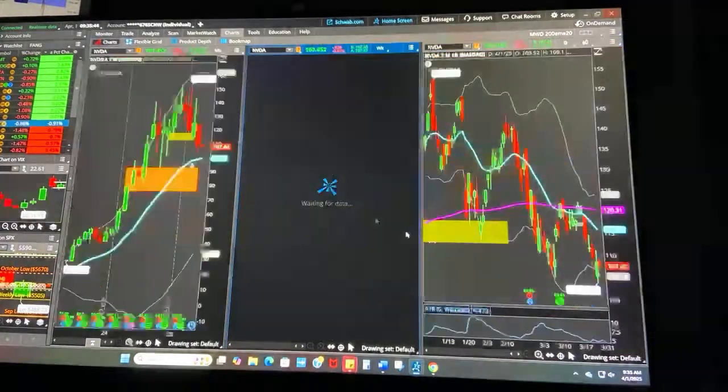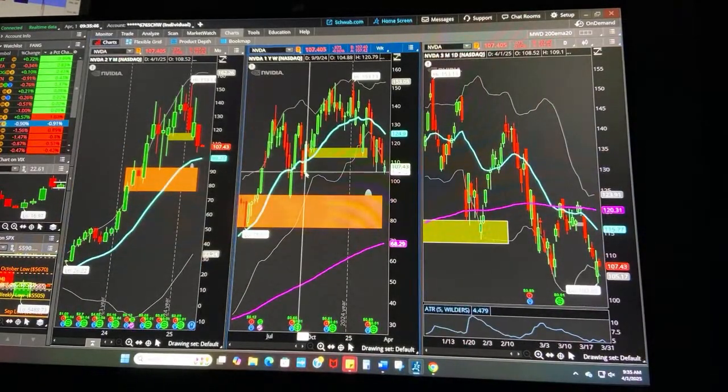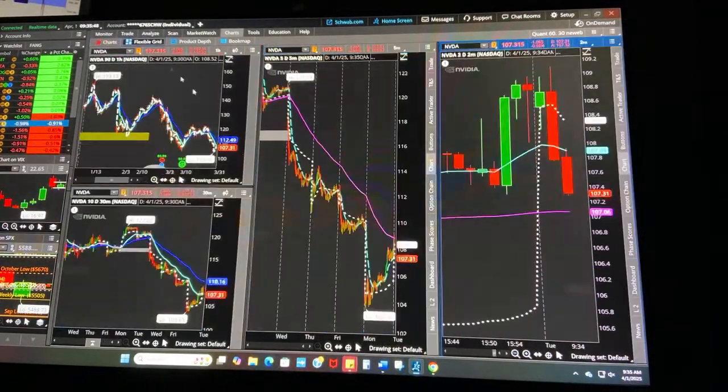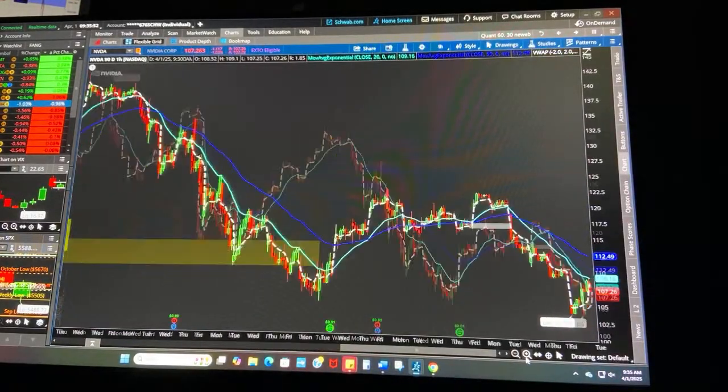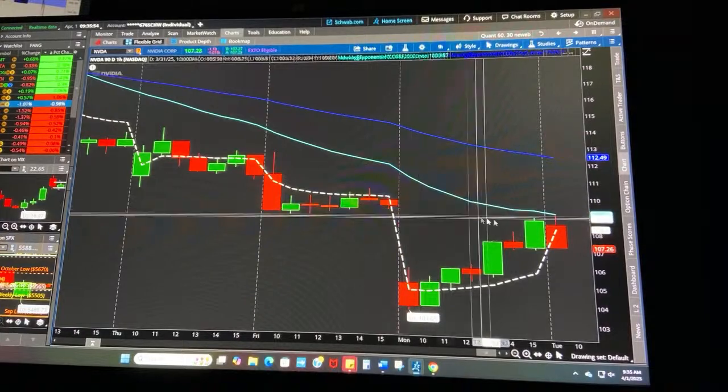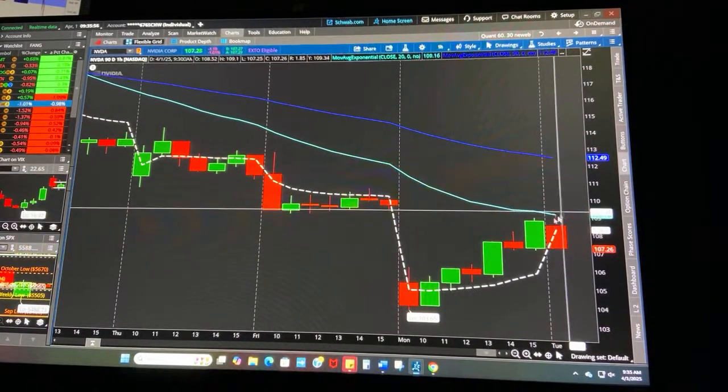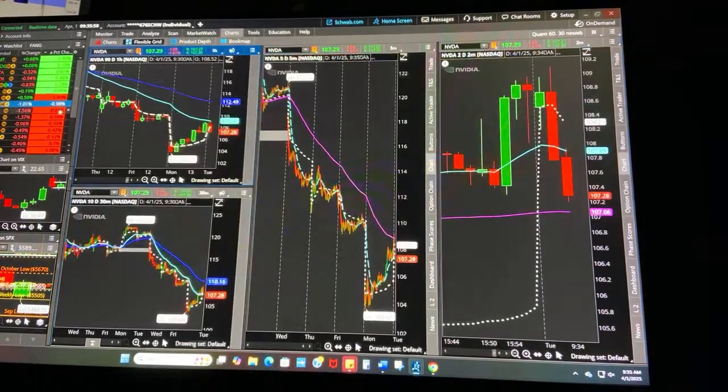Nvidia is heavy. Semiconductors is still just taking some heat. Nvidia long put, coming out of a bit of a supply area too. Nvidia long put.